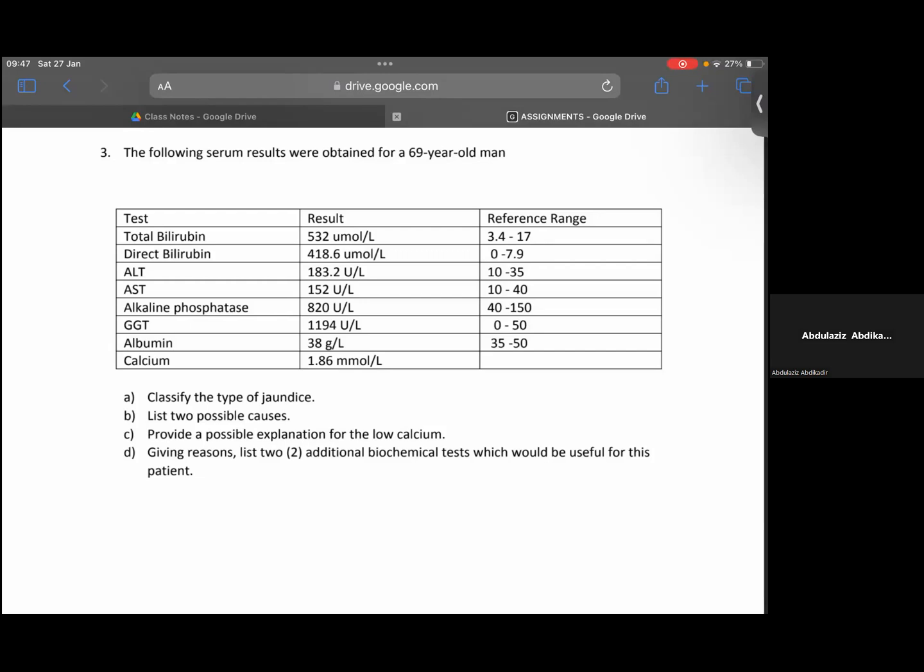This is simple. It's just a matter of looking and seeing. I told you the direct is going to tell you this, the indirect is going to say this. You can see the direct is elevated. So the direct is going to tell you which type of jaundice. Is it conjugated? Is it unconjugated? Is it mixed?